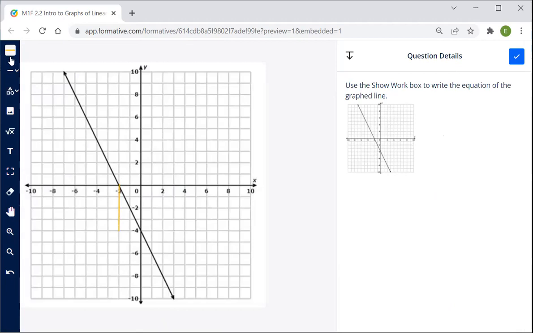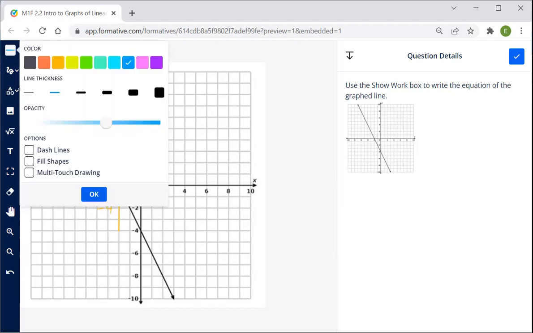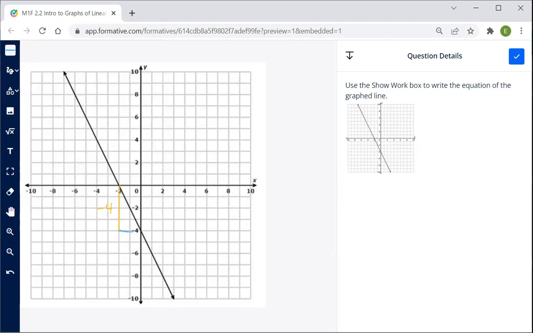That is going down 1, 2, 3, 4 boxes. That's -4. And then we also want the run, which is 2. So the slope is -4/2, or if you simplify it, -2.